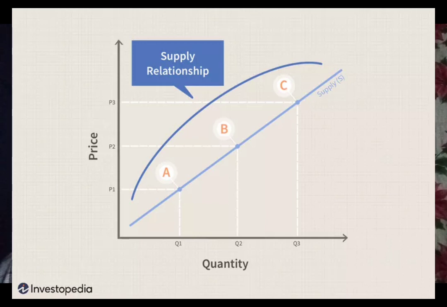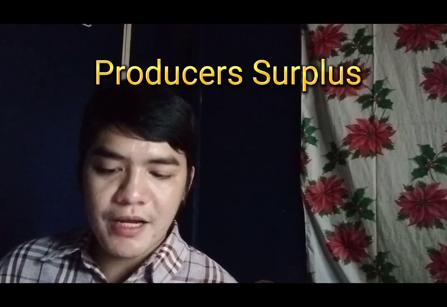Consumer demand sets the price, and sellers can only charge what the market will bear. The law of supply is one of the most fundamental concepts in economics. It works with the law of demand to explain how market economies allocate resources and determine the prices of goods and services. Third is producer surplus.